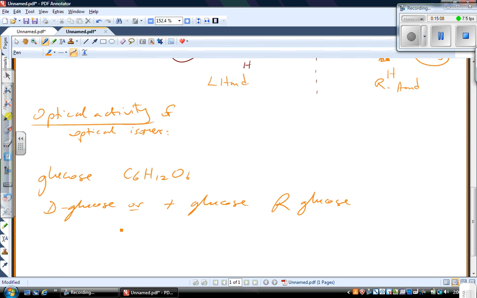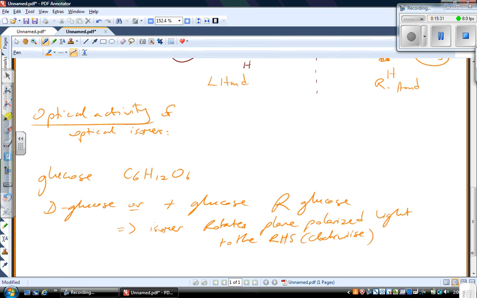In all cases, they mean that this isomer rotates plane polarized light to the right hand side, or in a clockwise direction.